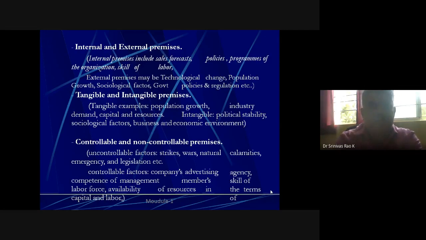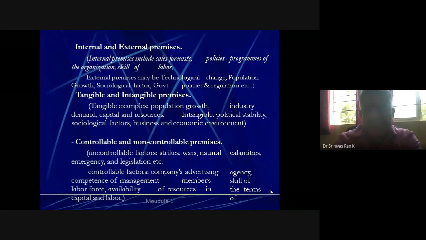Internal premises include sales forecast, policies, programs of the organization, skill of labor, etc. External premises include technological change, population growth, psychological factors, government policies, physical existence, industry demand, capital and resources, and intangible ones like political stability, psychological factors, business and economic environment.